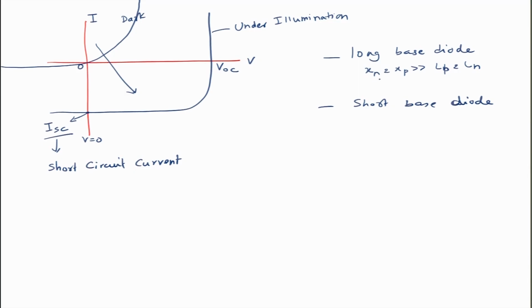So, as a result, you do not consider Sn and Sp because they would have anyway happened. In case of short base diode, you say that your Ln and Lp are larger than Xn and Xp. So, this is when the diffusion lengths are longer, then Sn and Sp are relevant because you will have surface recombination, and here Sn and Sp are not relevant.